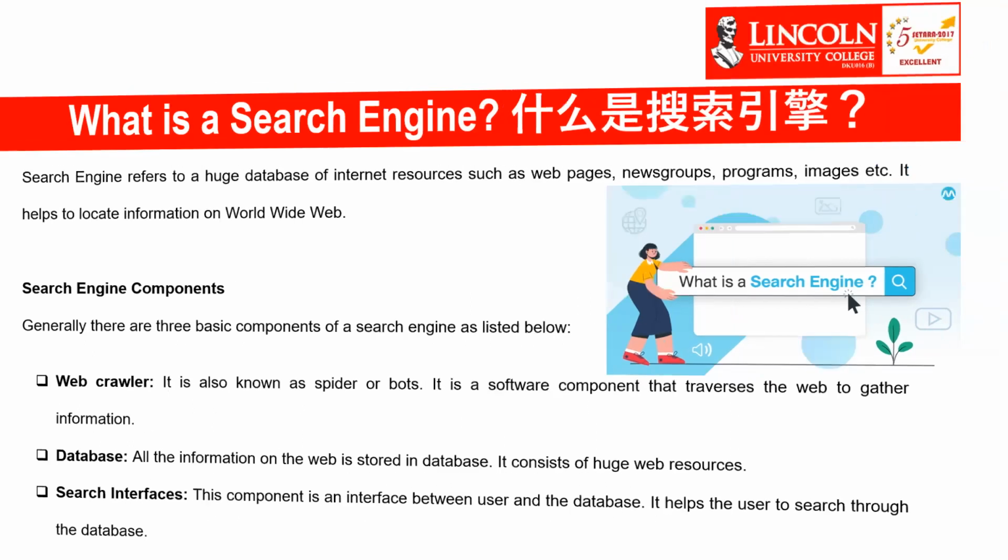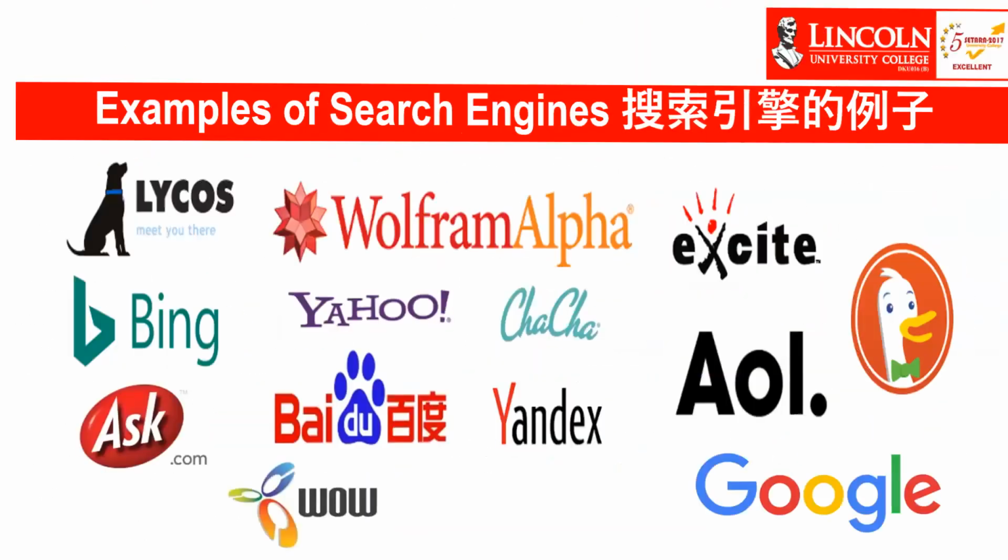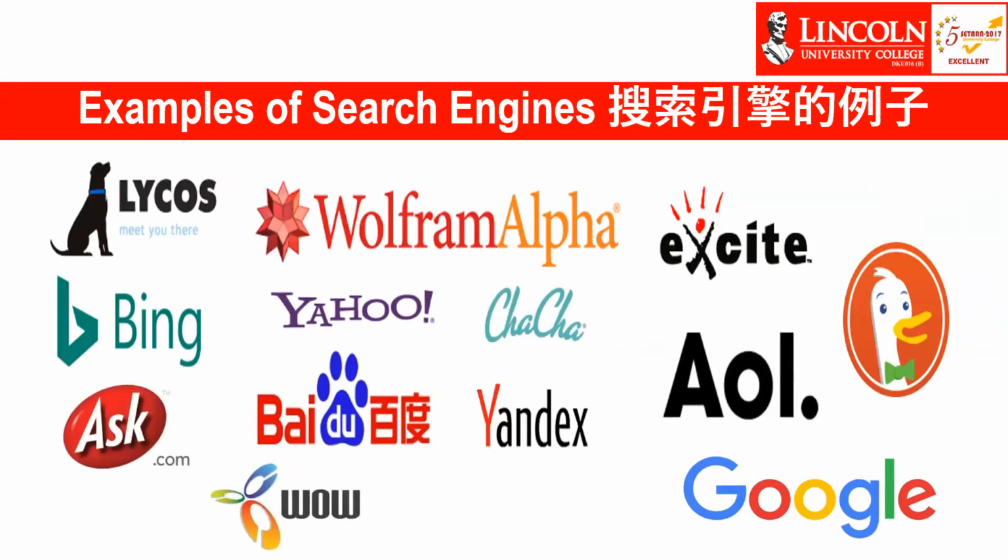We have hundreds of them around now, but these are just some of the prominent ones. We have Lycos, Bing, Ask.com, Wolfram Alpha, Yahoo, Baidu, Yandex, Excite, Google, and the likes.